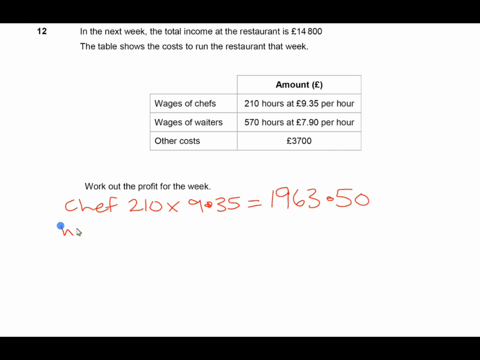For the waiters, you've got 570 hours at £7.90. And that's £4,503. And then we've got the other costs. So we need to add the chefs, the waiters and other costs together.